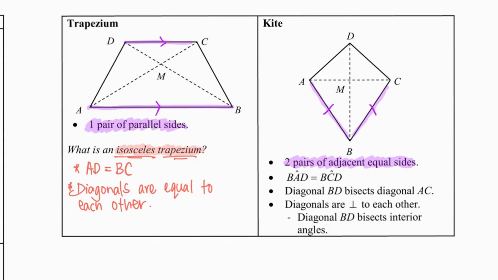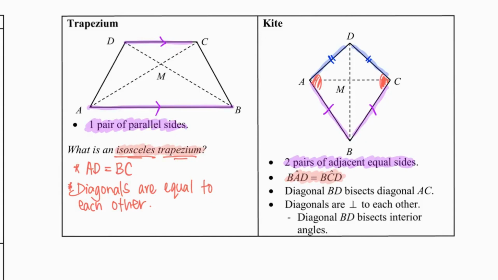AD is equal to CD. And BAD is equal to BCD. Okay, this is the properties of a kite.